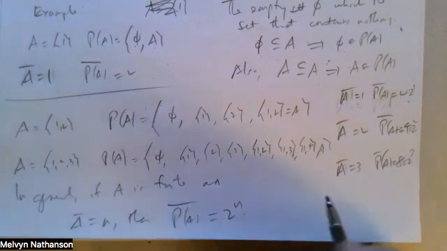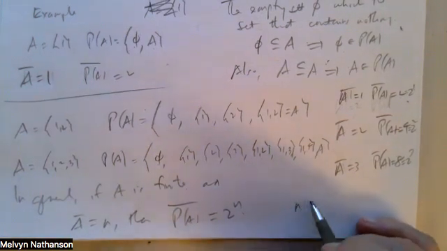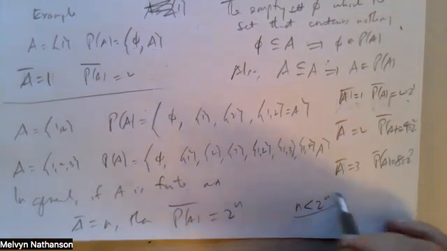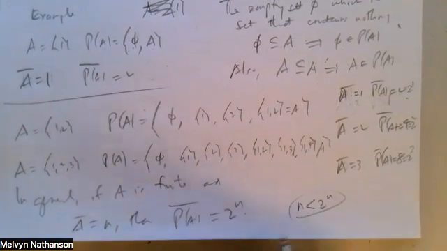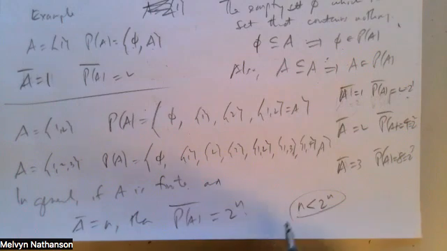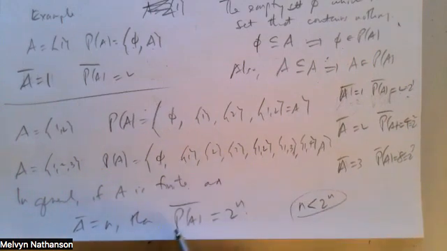Of course, it's easy to observe that n is strictly less than 2 to the n. 1 is less than 2, 2 is less than 4, 3 is less than 8, 4 is less than 16.